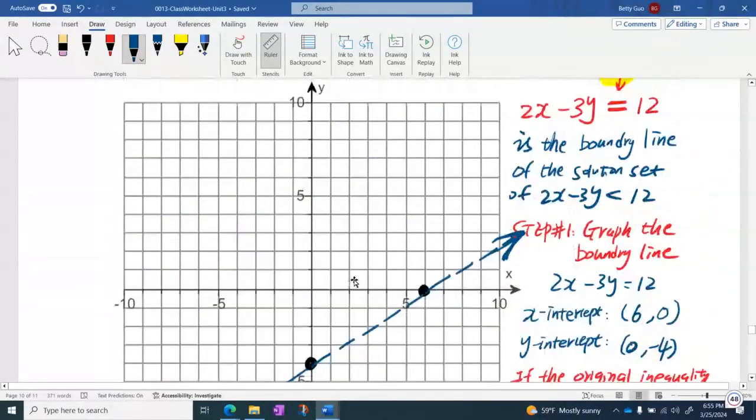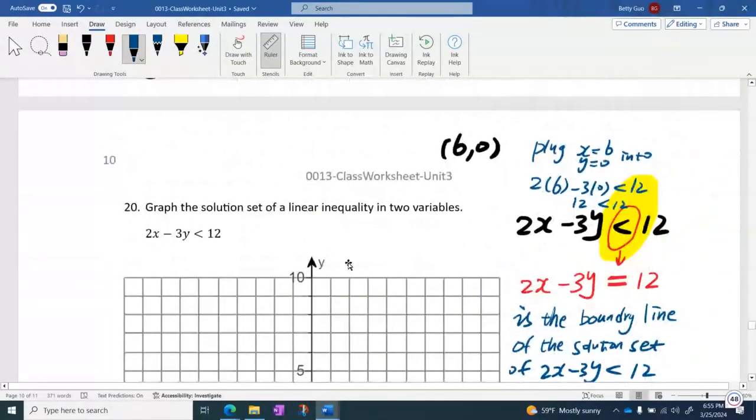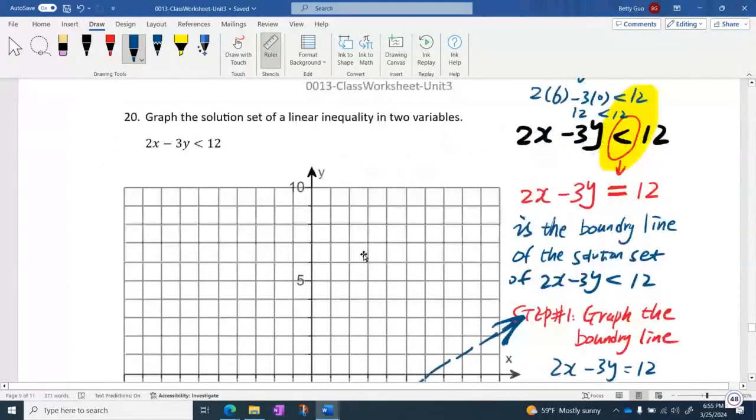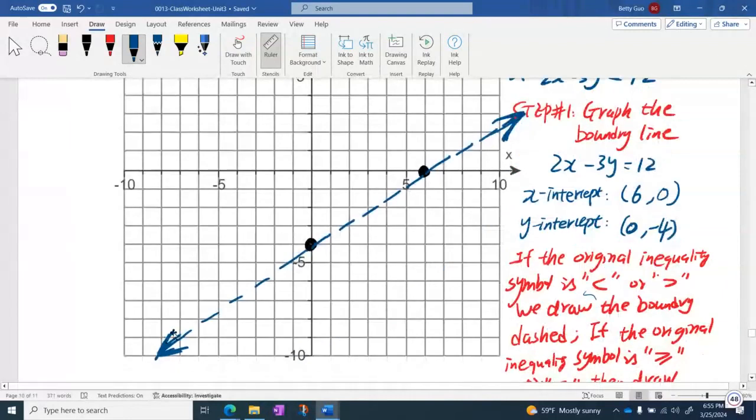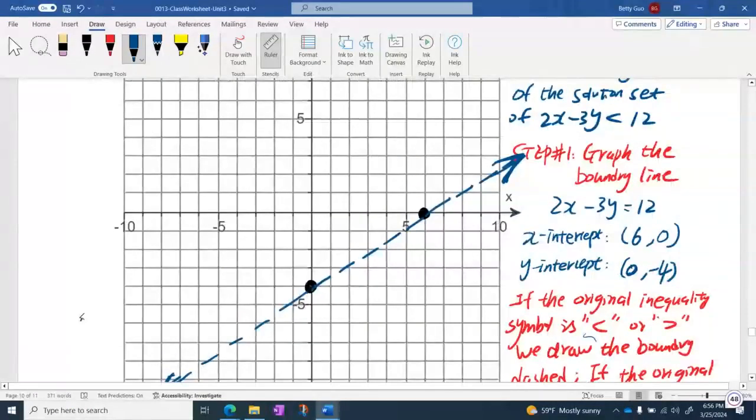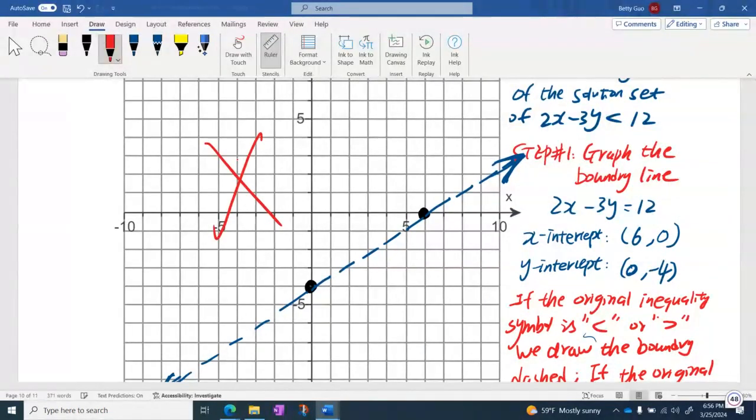So that's the first part. Okay, we're not done yet. We have 2 parts. Our goal here is to graph the solution set for this inequality. We already have the boundary, right? This straight line is the boundary of the region that represents the solution set. It divides the whole coordinate system into 2 parts, one half plane and the other half plane.